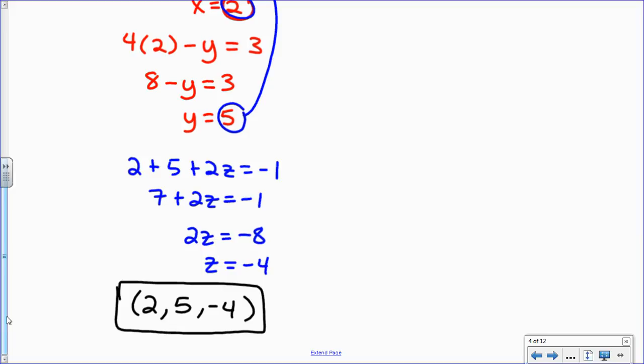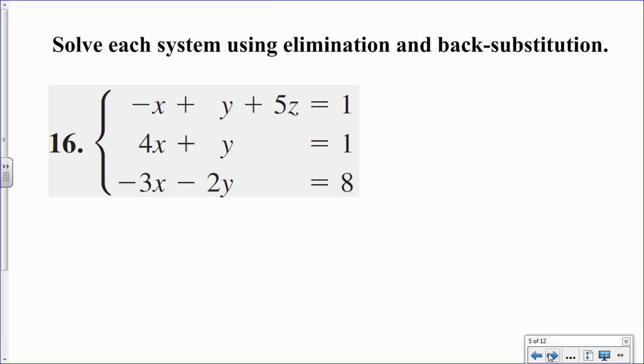Okay? So let's look at another type. So I still have 3 variables in that first equation, so I'm going to have to find x, y, and z. Okay.